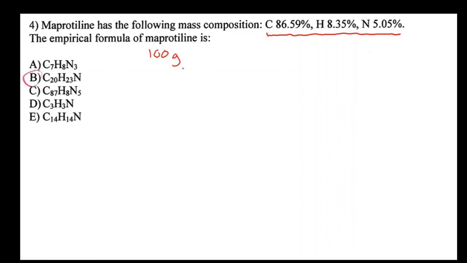So in this instance here, if we have 100 grams of this random molecule, then just understanding that since these are percentages, we will have 86.59 grams of carbon, and then we'll also have 8.35 grams of hydrogen, and then 5.05 grams of nitrogen.